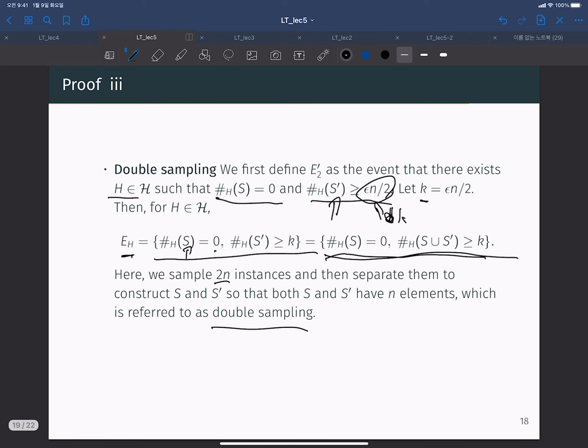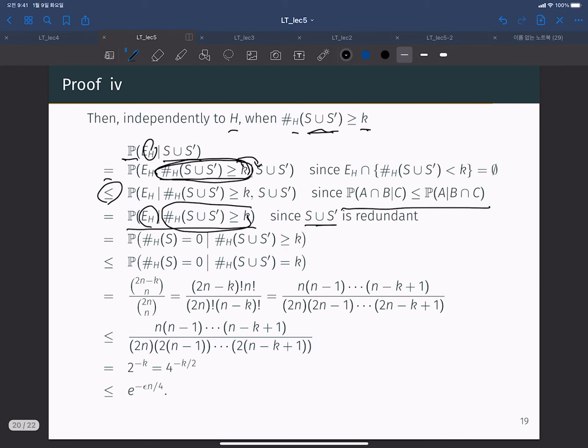So when the count from S belonging to H is equal to 0, and from S prime belonging to H is greater than or equal to k, all other information about the members of S and S prime is redundant.